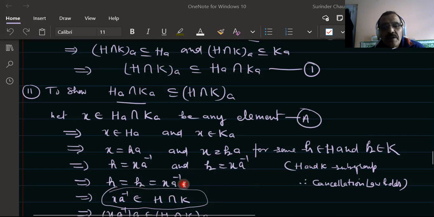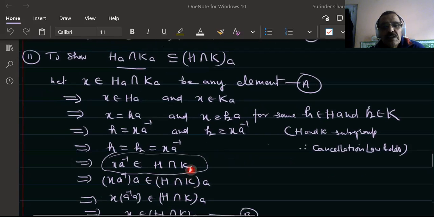So what does this imply? This implies X inverse also belongs to H intersection K, by the definition of intersection. If X inverse belongs to H intersection K, this implies, now let's convert it to the right coset.